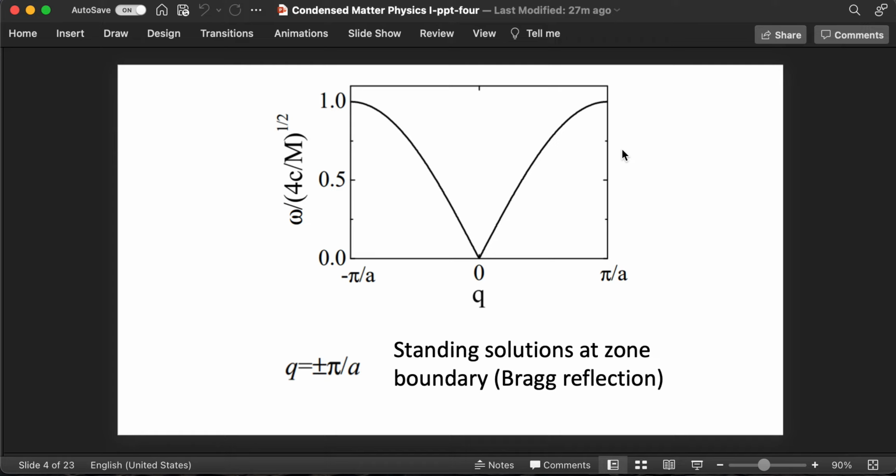We have seen Bragg reflection 3 times in this course: 1 for externally applied X-rays, 2 for electronic wave functions, and now 3 for lattice waves. All of them satisfy the Bragg constructive interference condition, and you basically have standing waves at plus or minus pi by a instead of traveling waves.